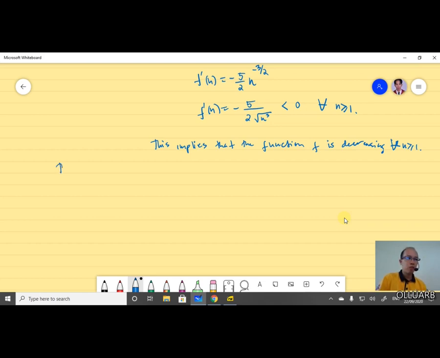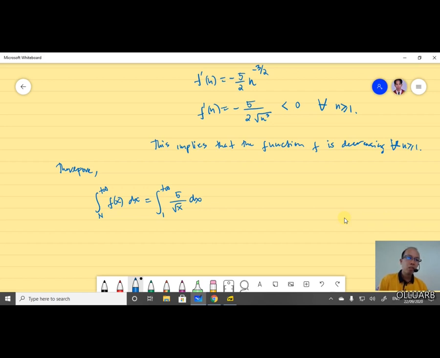So therefore, we can now use the theorem. We have the integral of f of x dx from n to positive infinity. So substitute: your n is 1, your f of x is 5 over square root of x dx.